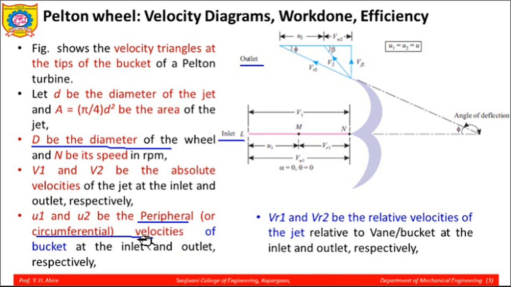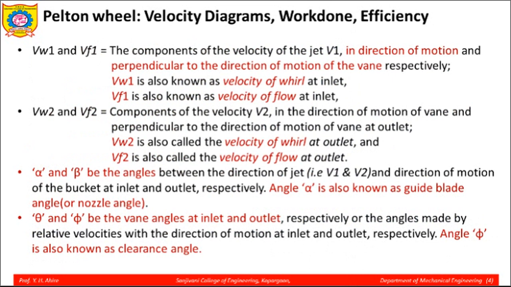So these are hardware velocities. VR1, VR2, let us say these be the relative velocities of the jet relative to vane or bucket at the inlet and outlet respectively, as the jet moves relative to the bucket surface.